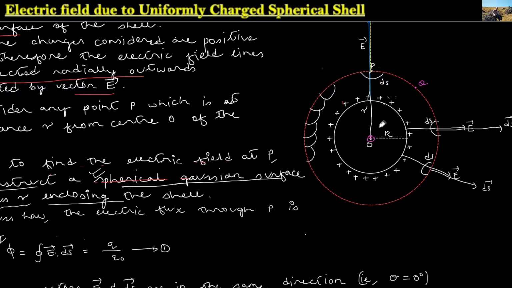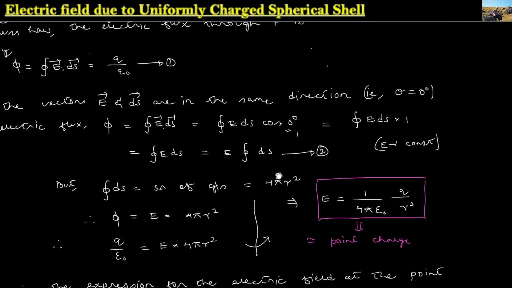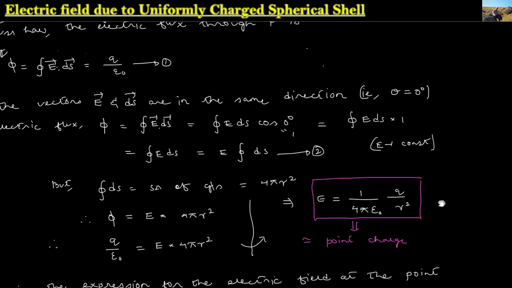It does not depend upon the thickness, but it really depends upon the radius r. So when you look closely at this equation, this electric field is dependent upon the distance. As you take the point P farther, very far away from O, E will be less.